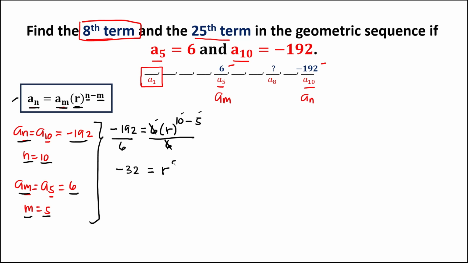This is positive 5. Then to solve for the common ratio, since the exponent is 5, we need to multiply the exponent by 1 over 5, and also raise this negative 32 to 1 over 5. So we can cancel now this exponent. So we have r, or the common ratio, equals negative 32 to the power 1 over 5.